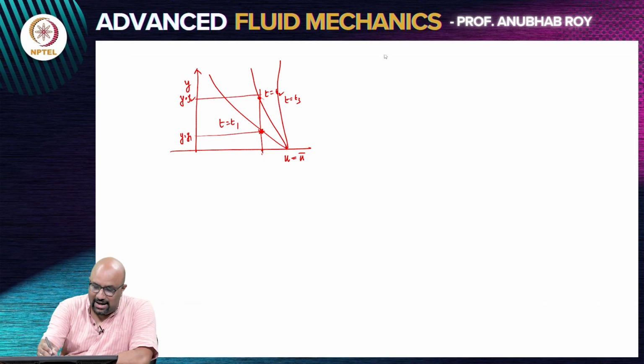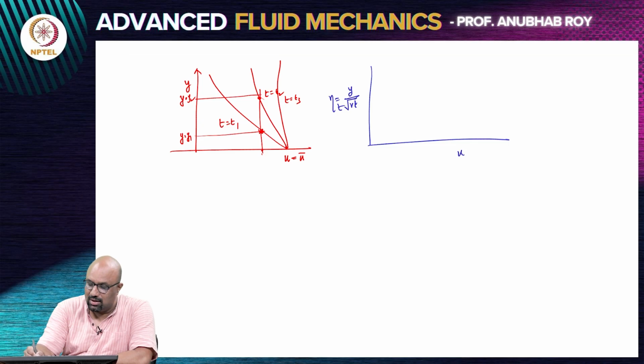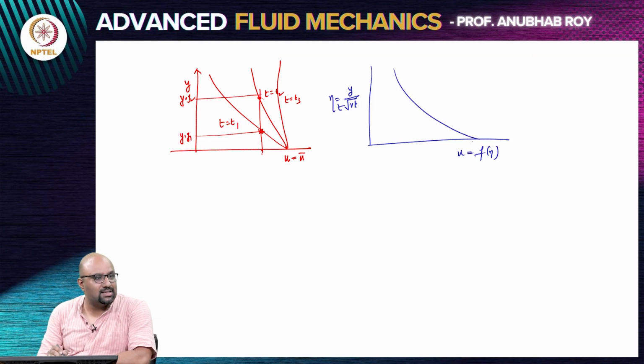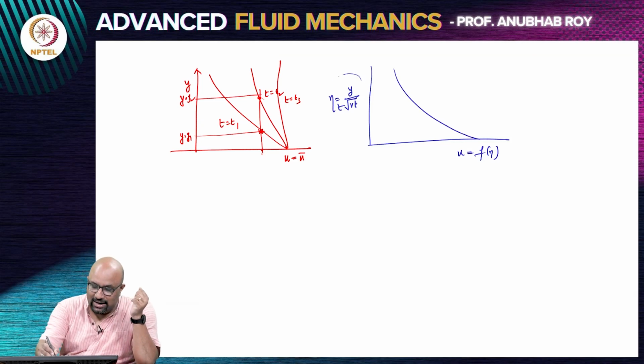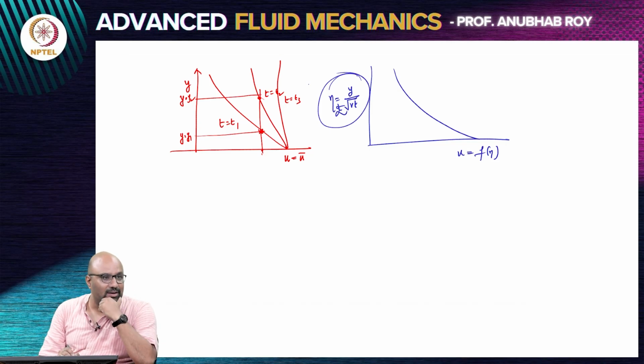So, that is the idea behind saying that instead of trying to look at a variable that is y and t, it makes more sense to look at the solution as a single variable, where you are collapsing all your data and saying that the relevant variable to look at is the similarity variable.